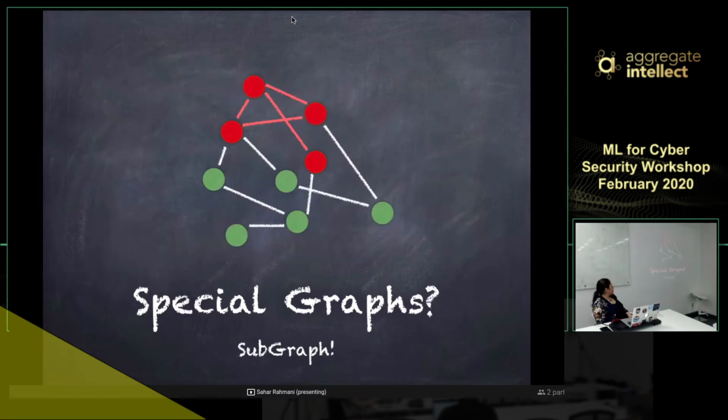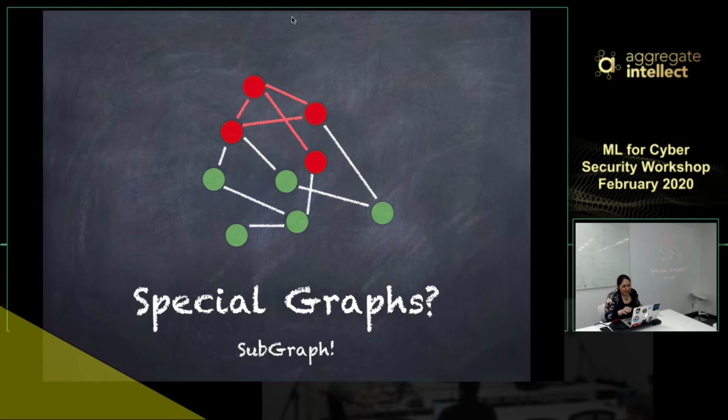Subgraphs are very useful. I'm not sure we call it a special type of graph or not, but it's something we have to tag. A subgraph is just a subset of nodes of a graph. Any subset you can choose, for example the ones colored in red here, is a subgraph.